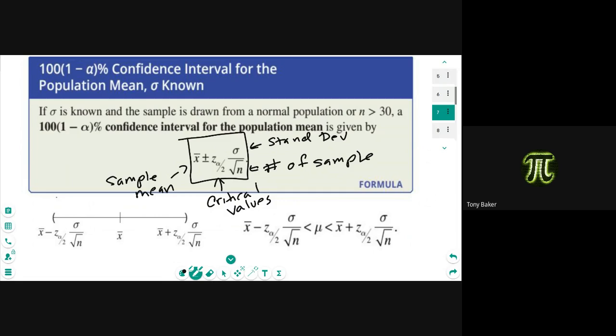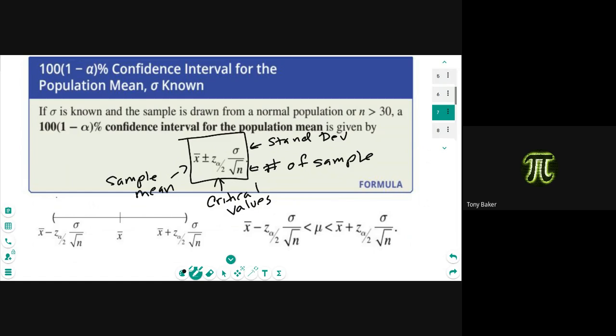That is something you will calculate or be given. You need to know the population standard deviation. On Wednesday, we're going to look at some problems where we don't know the population standard deviation, because that's one of those things that we might not know, but there's a little bit different calculations for it. We need to use a different table for it. And then we have the square root of n.